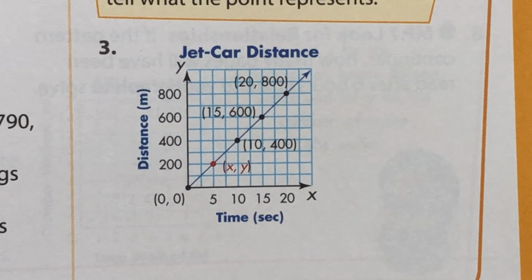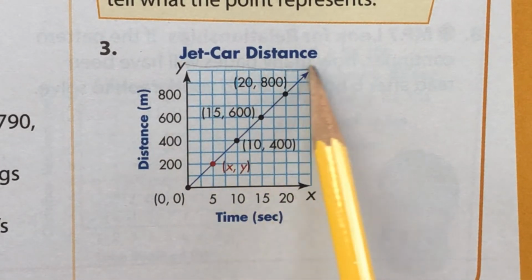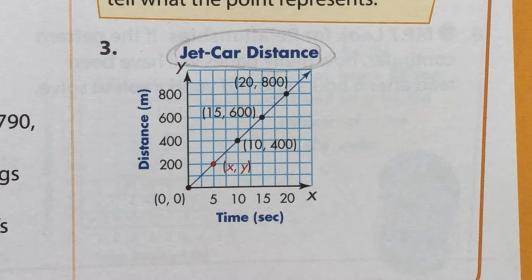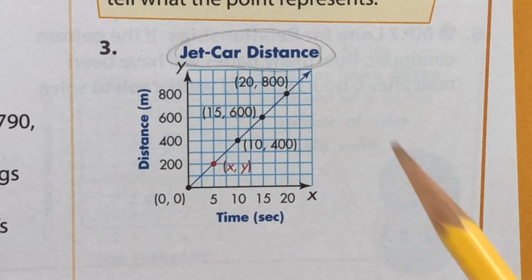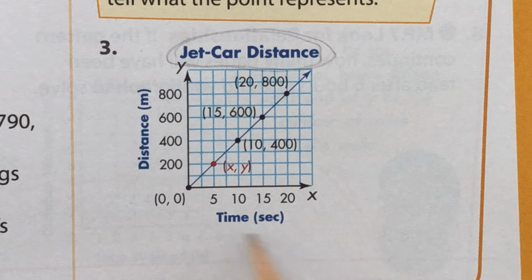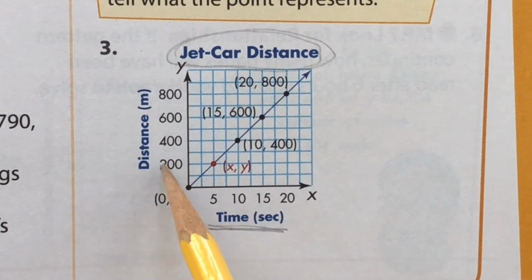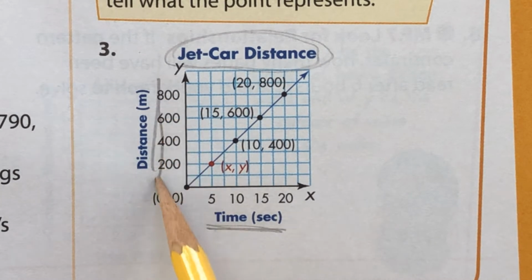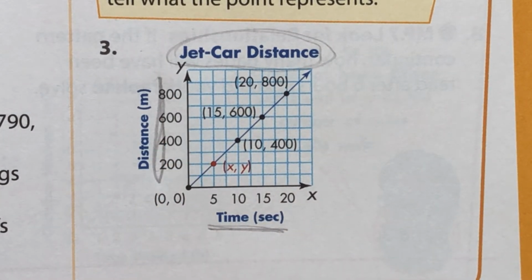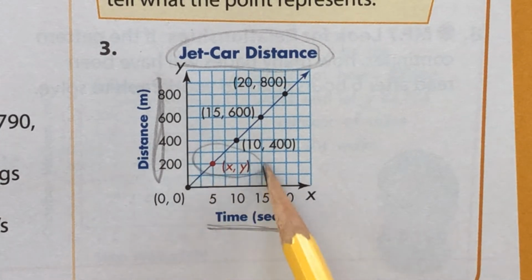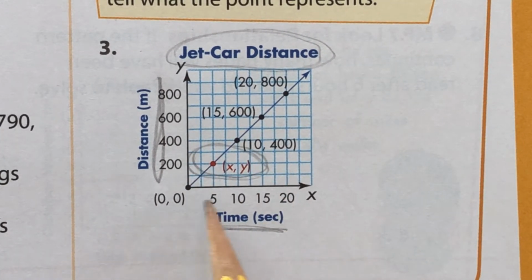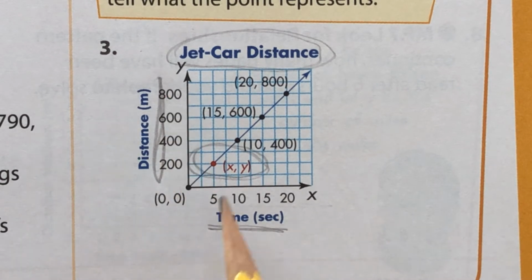The first thing I see is that the title is jet car distance. I see that my x-axis is time and my y-axis is distance, okay? So what would my missing XY ordered pair be? Look at the x-axis, look at the y-axis. What would that missing ordered pair be?